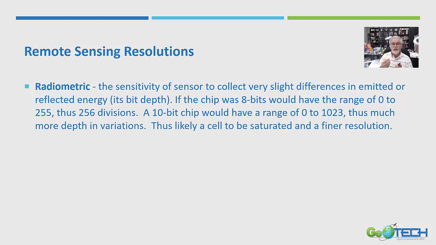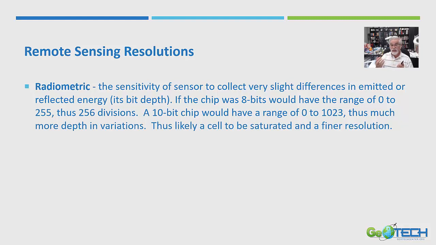Well, we have therefore 256 unique divisions. If I change my sensing chip from an 8-bit chip to a 10-bit chip, now I go from 256 divisions to 1,024 divisions. Thus I have much better variance in the brightness, if you will, of the object.